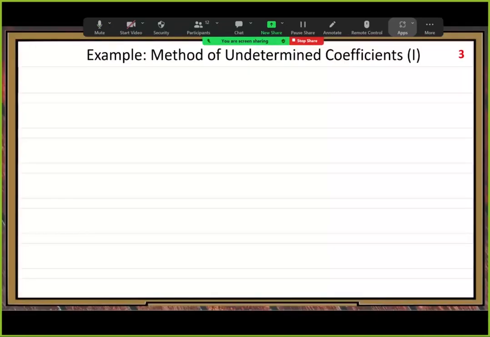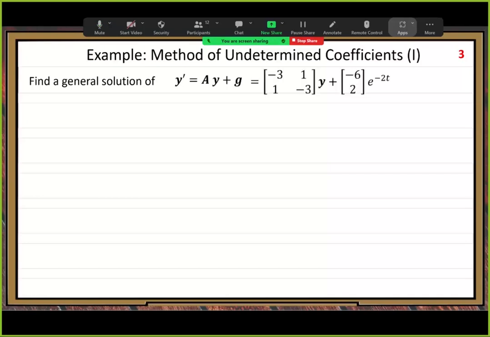Let's look at an example. Part 1, we need to do it with several slides. Find a general solution of the non-homogeneous version this time. So we have an A matrix and a G vector. We want to solve this one.